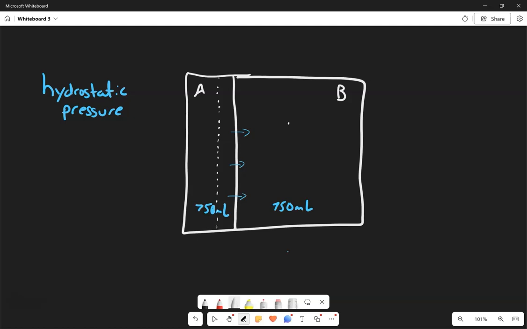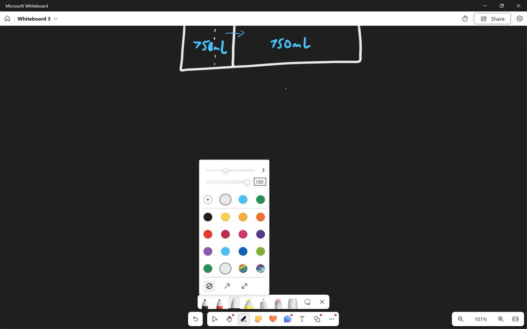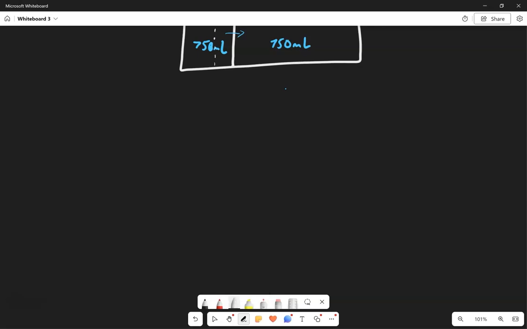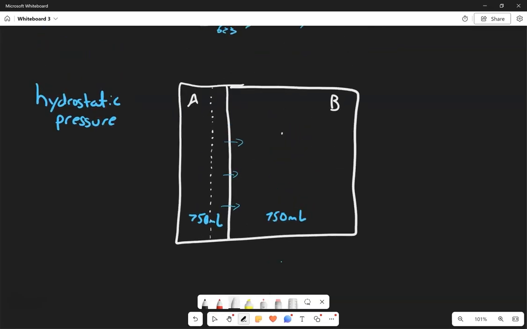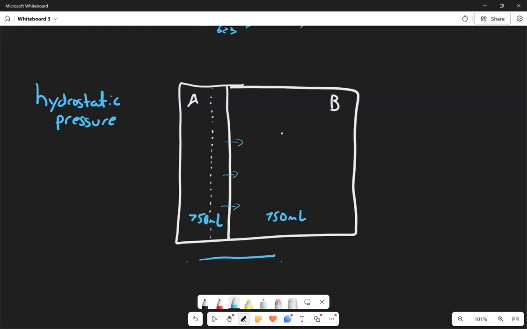So if we put this all together, right, we know that there is, let's come back here for a minute, a hydrostatic pressure pushing in this direction with this force. There's a hydrostatic pressure pushing in this direction with that force. So our overall net hydrostatic force is in that direction.